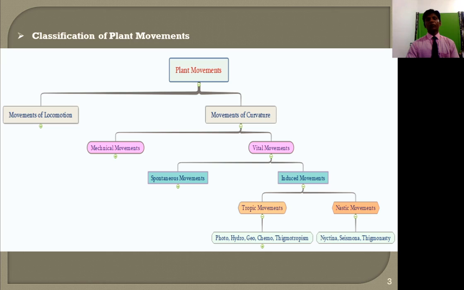Means the induced movements occur or take place positively towards the stimulus and negatively away from the stimulus. Hence, on the basis of the stimuli, the induced movements are again two types, that is, tropic movements and nastic movements. Now, we will see at first tropic movements in detail.